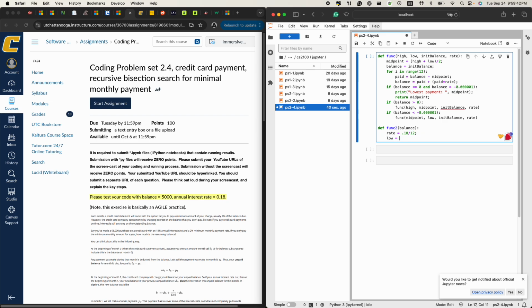The low bound is going to be equal to our balance divided by 12. And the high bound is going to be balance times 1 plus the rate times 12, all divided by 12.